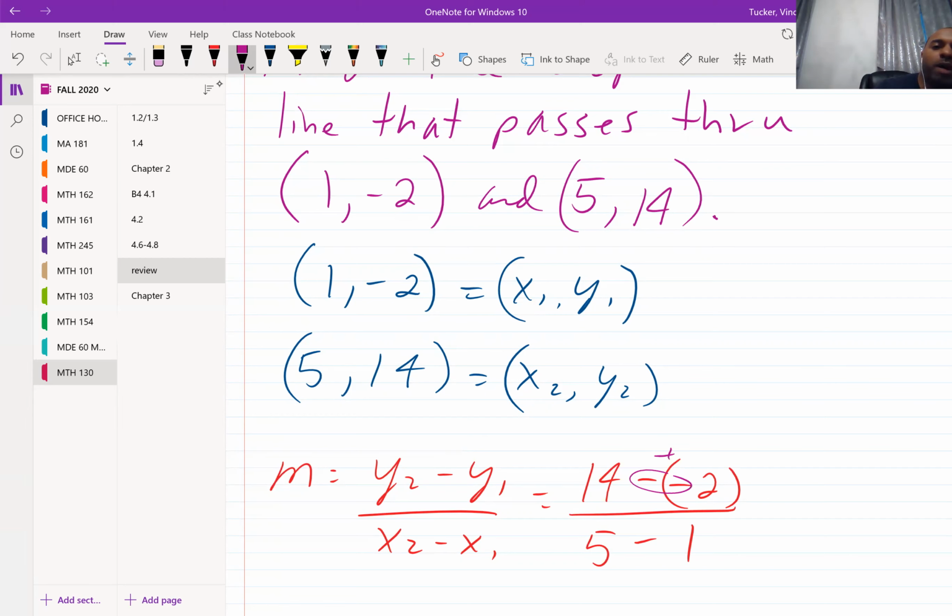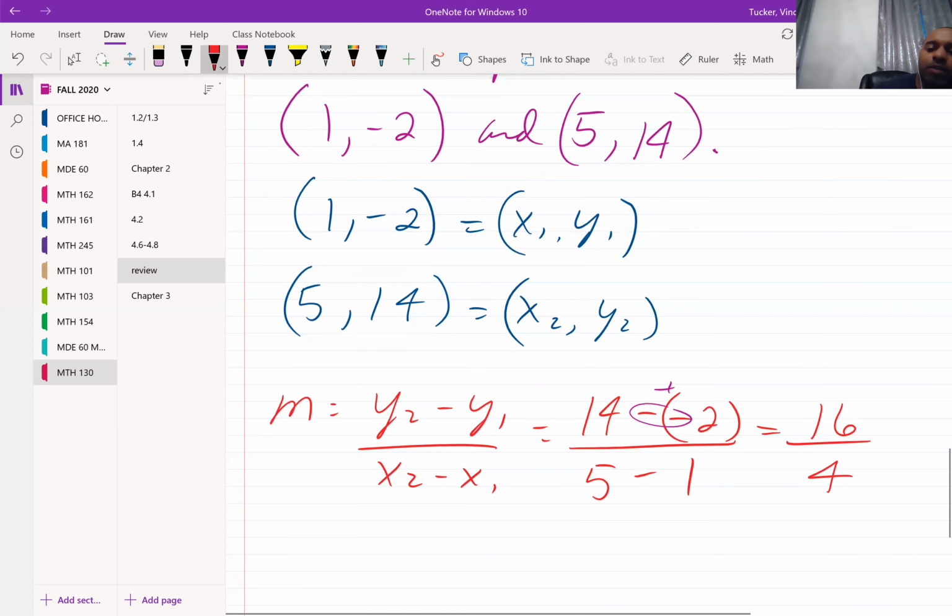A negative to a negative turns positive, so that's 16. On the bottom, 5 minus 1 gives us 4. I meant to make that add anyway, so I end up canceling out anyway. So 16 divided by 4 gives us 4 as our slope.